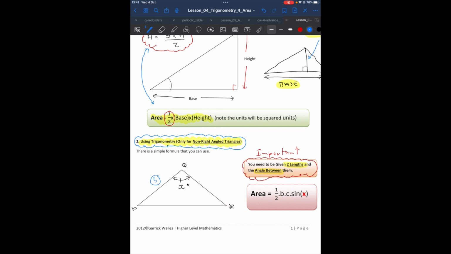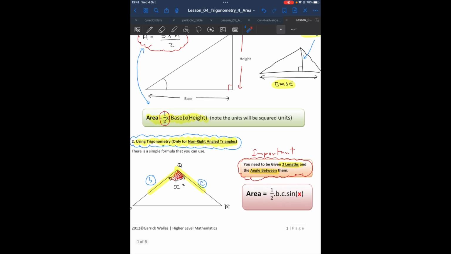It doesn't matter which length I call b and which length I call c, but b and c are basically the lengths on either side of the angle that I'm using. So the angle is x degrees, and the lengths on either side of that angle x are the lengths b and c. Again, just to reiterate, we can swap the b and the c.